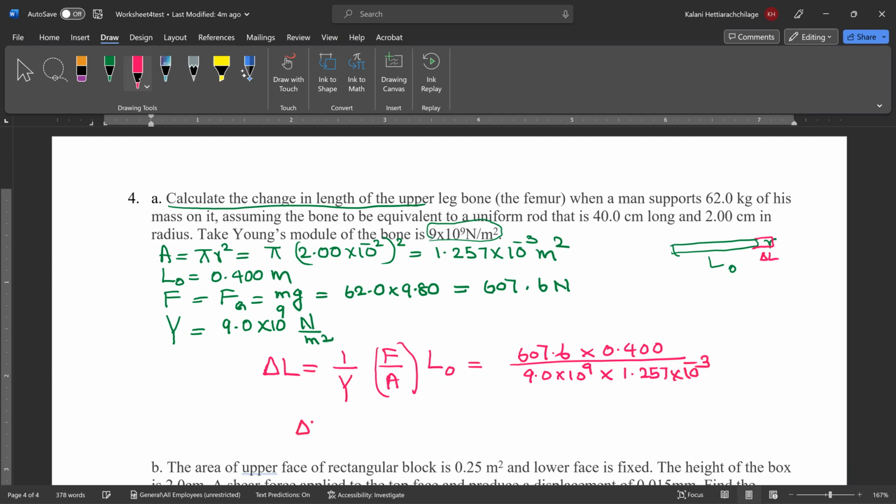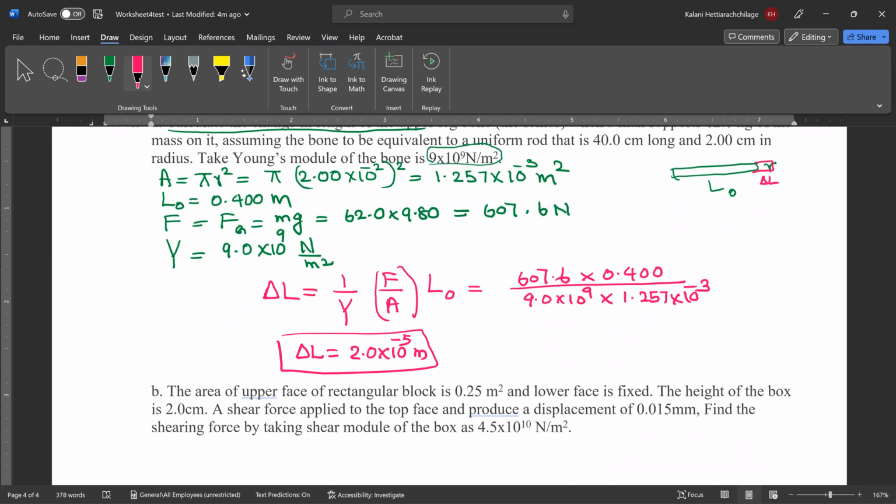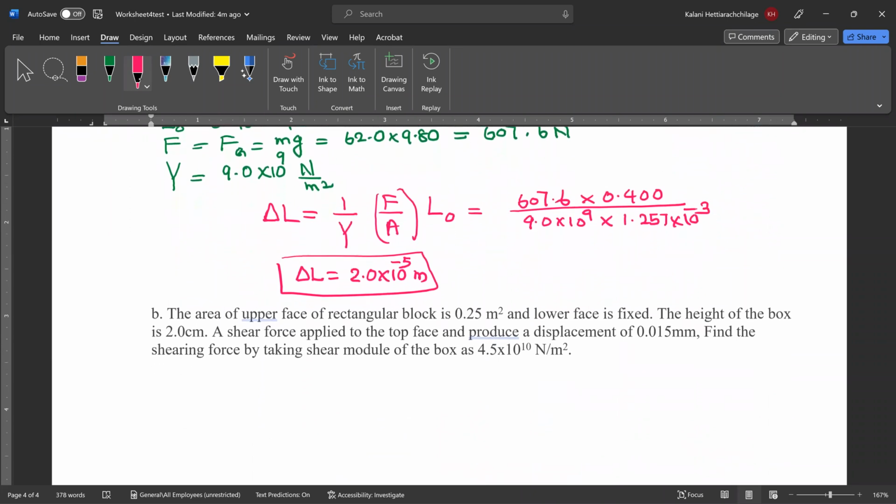Then you're going to find your delta L value. I have 2.0 times 10 to the negative 5 meters. That's the expansion because of that force. Okay, so that is Young's modulus, that means linear expansion.